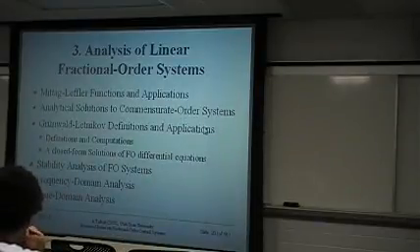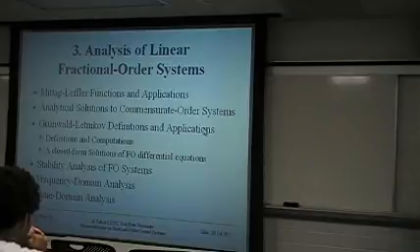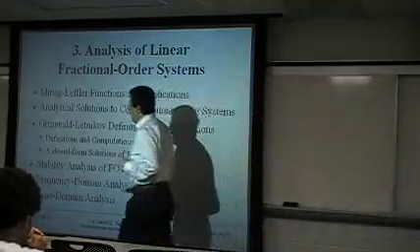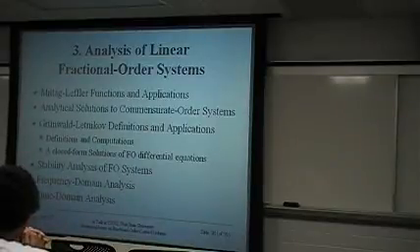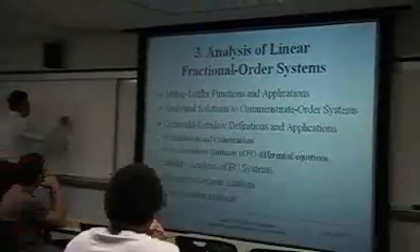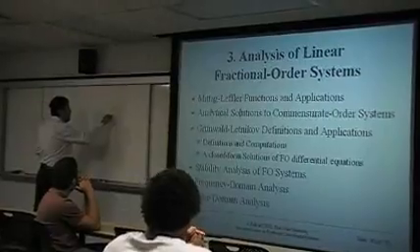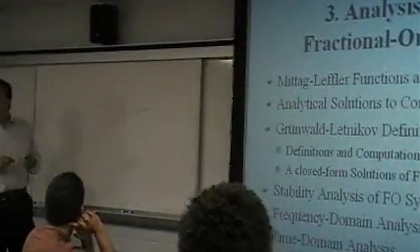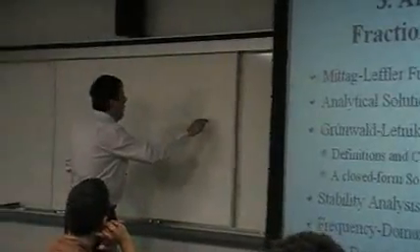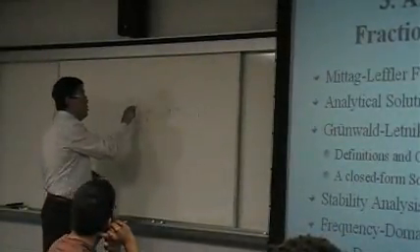That means the order of the systems are given like something like this: s^(n alpha) plus s^((n-1) alpha), which is a special case of conventional fractional order transfer functions.